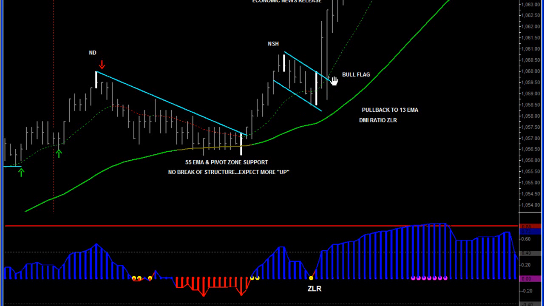One of those areas that I found very useful is the 13 EMA. That's very, very close to the 21 period battle line on the execution charts that we use in the room.